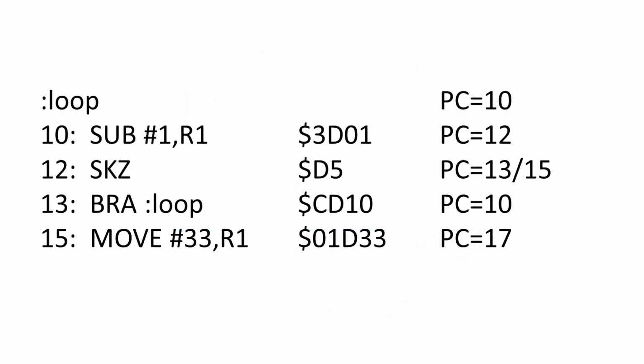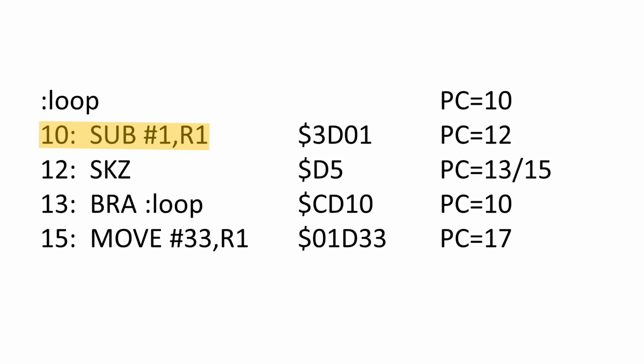Now we will look at a bit of pretend code here to try and explain how it's working. When we come to this bit of code, the program counter happens to be at 10. And at 10 we've got subtract 1 from R1. Imagine R1 has got the number 2 in it. So we'll be subtracting 1 from 2, and that's going to leave us with a 1 in there.